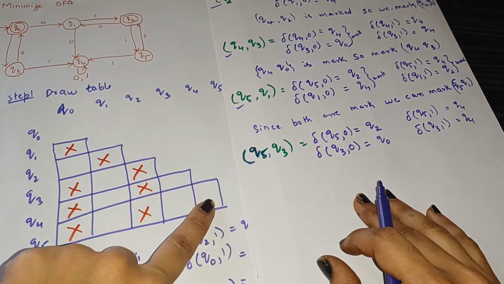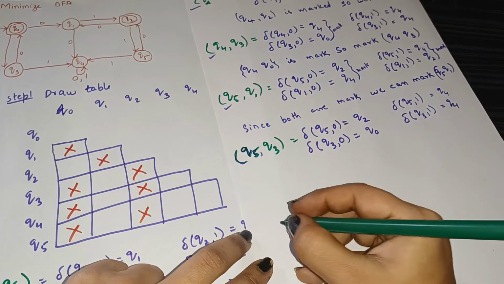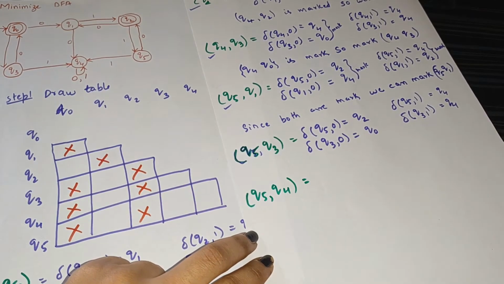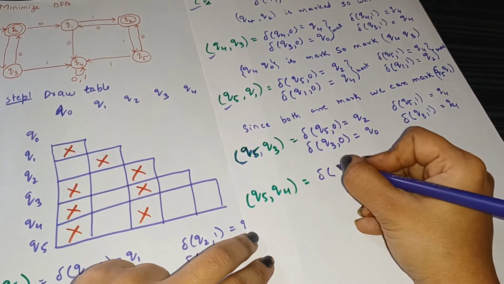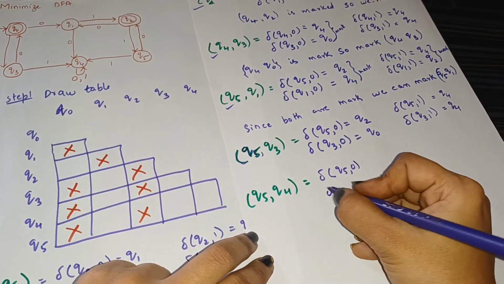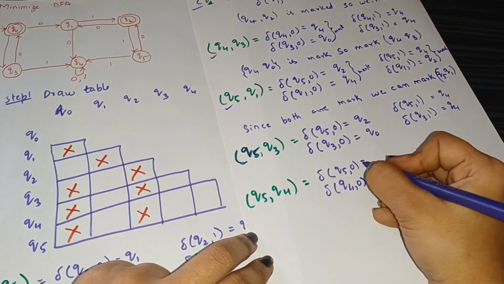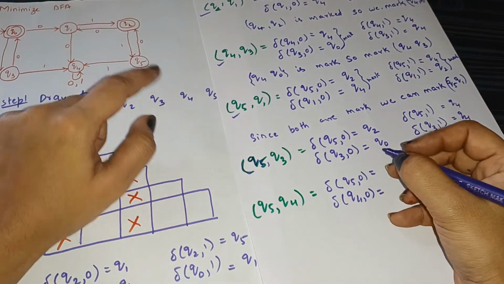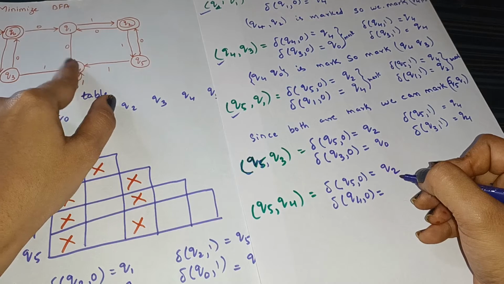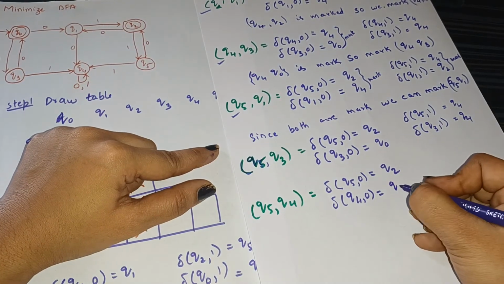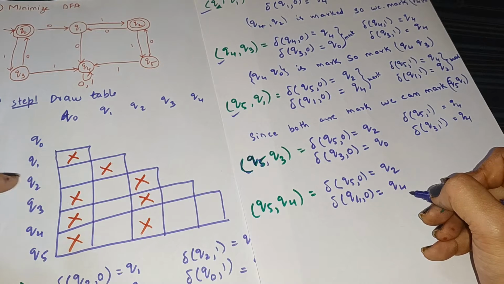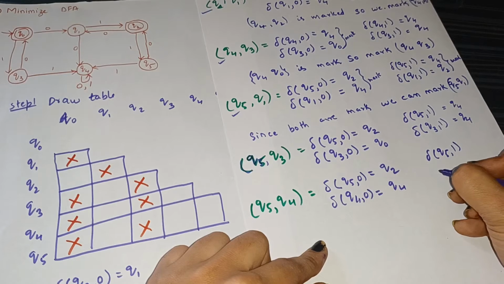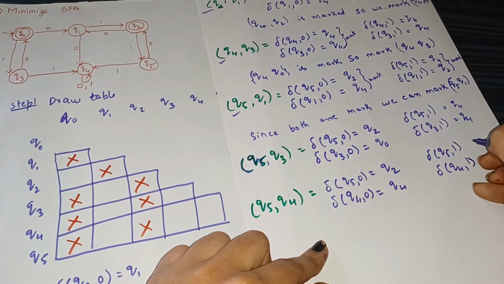Next we have Q5, Q4. So delta transition of Q5 on 0 and delta transition of Q4 on 0 we have to check. Q5 on 0 it is going to Q2, Q4 on 0 it is going to Q4. So Q2, Q4, Q2 is marked. Next, delta transition of Q5 on 1, delta transition of Q4 on 1.